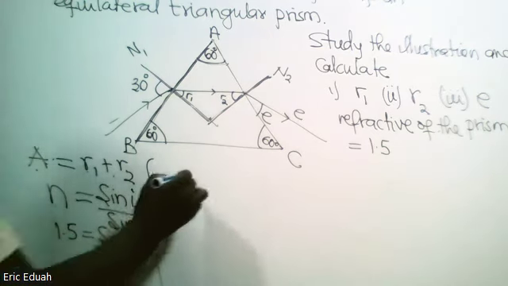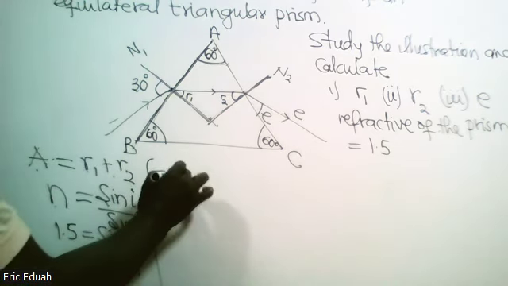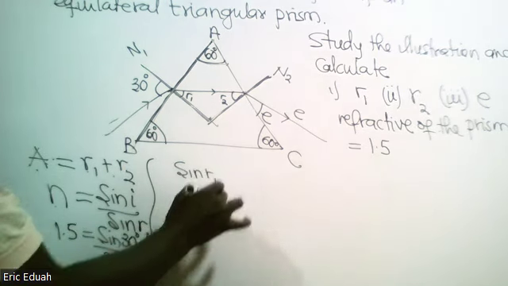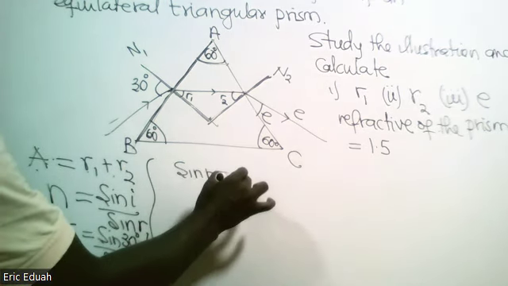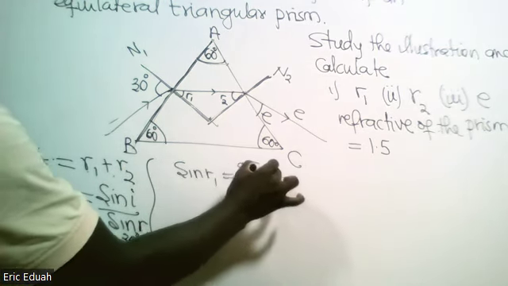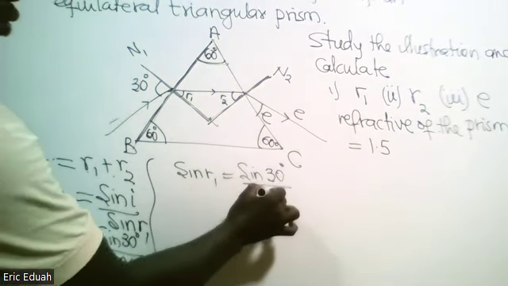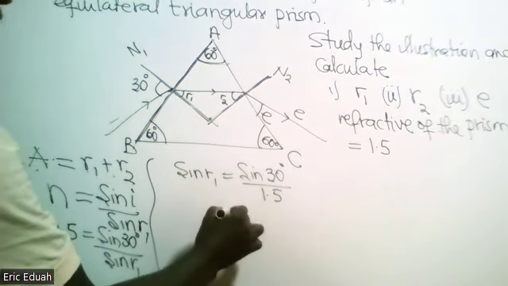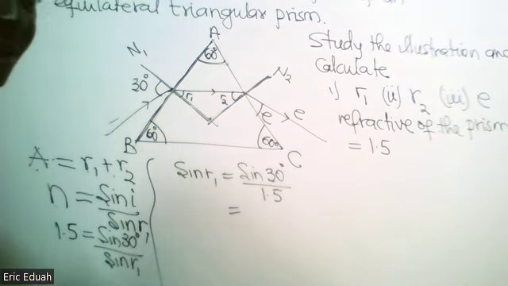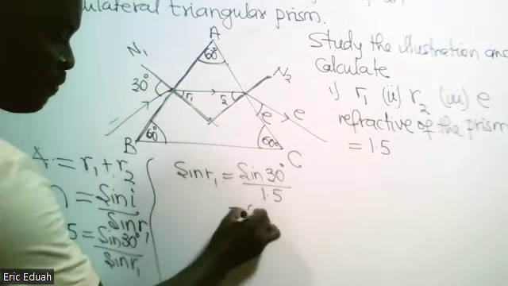Therefore, when I make sine R1 the subject, I have sine of 30 degrees divided by 1.5. Now sine 30 is 0.5, half.